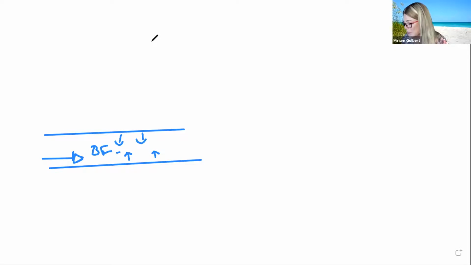So the blood pressure needs to overcome these opposing forces from the wall. The opposing forces from the wall is what is called resistance. So I have to have a certain blood pressure so my blood flow can go through that opposing resistance.